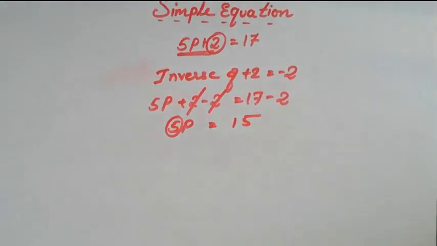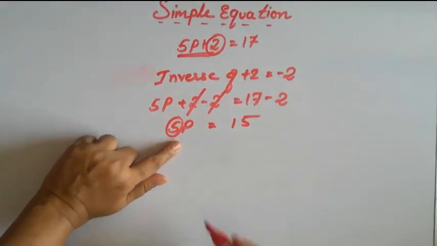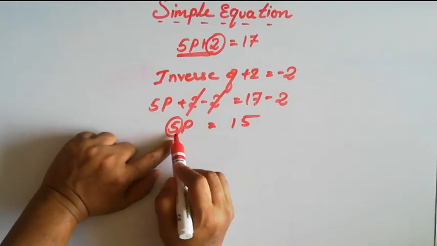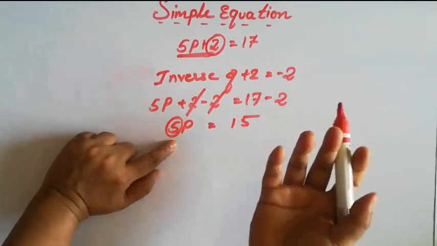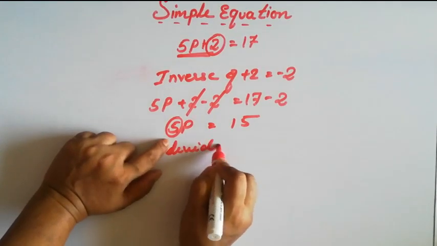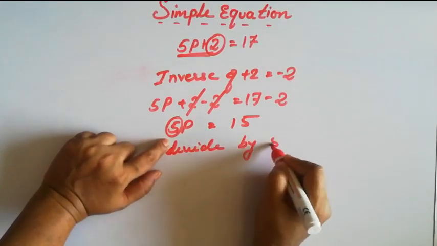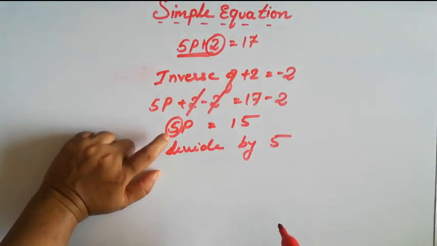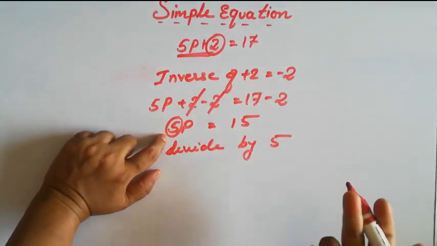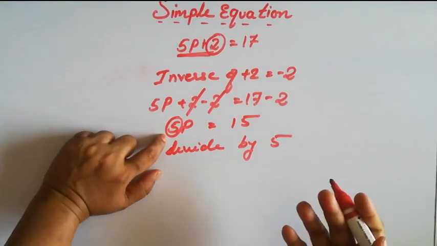Now I have to eliminate this 5. I don't want this 5. I have to take the inverse of the operation. We have to keep the inverse operation in mind. If it is multiplication, the multiplicative inverse will be division, so divide by 5. Why are we dividing by 5? Because it is multiplication. If it is division, then we will multiply. We have to take the opposite, the inverse operation.